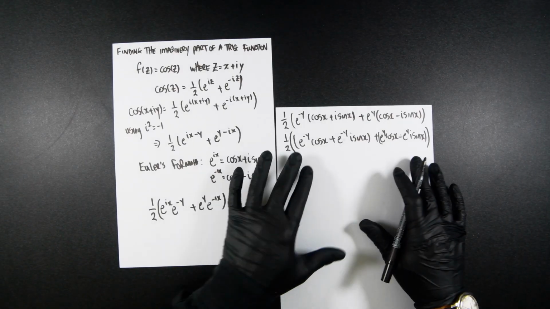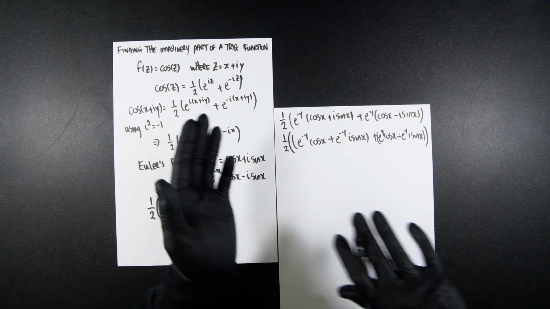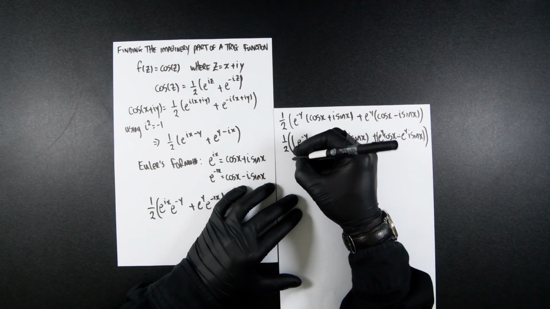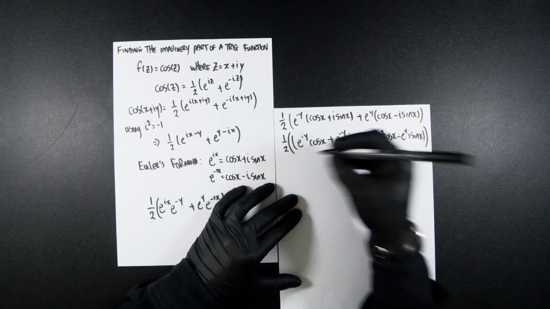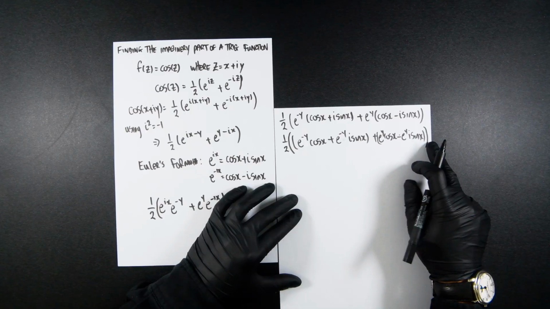So let's now rearrange so we can get the cosines together and the i sin x's together. I can multiply in the half, so let's apply the half to absolutely everything.